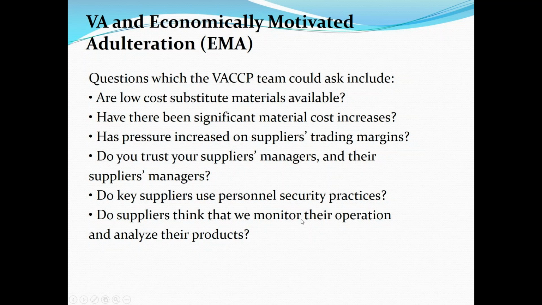What are their personnel security practices? Do your suppliers think that you monitor their operation and analyze their products? They should know that you have control over their systems and their products. So these are some of the questions you should ask if you are a VASP team member.